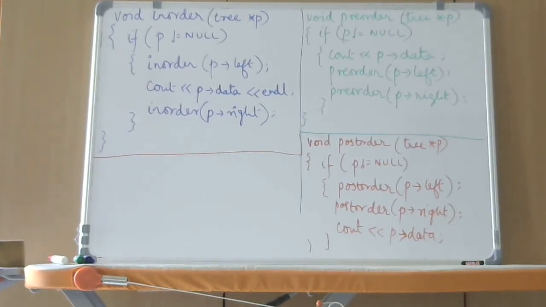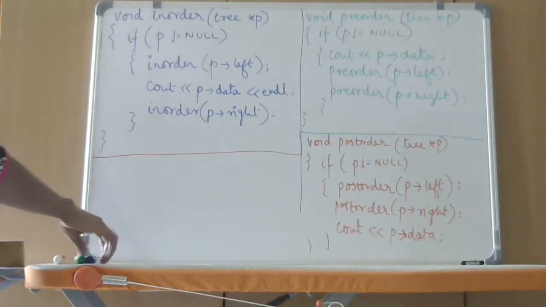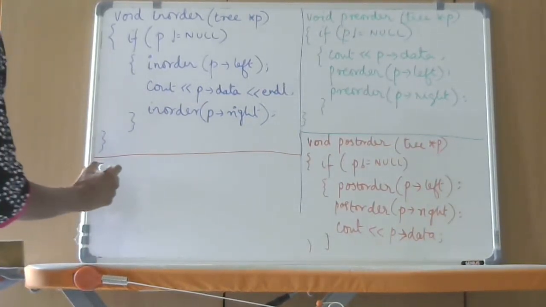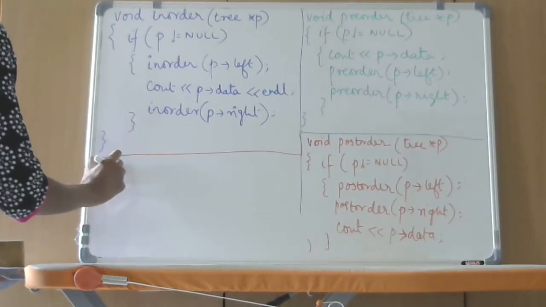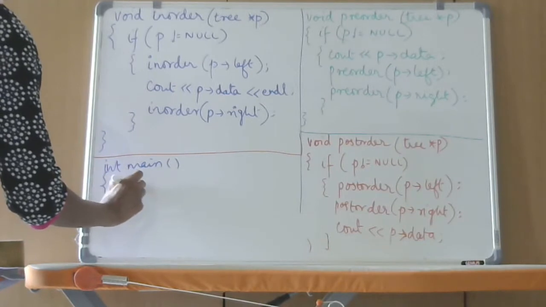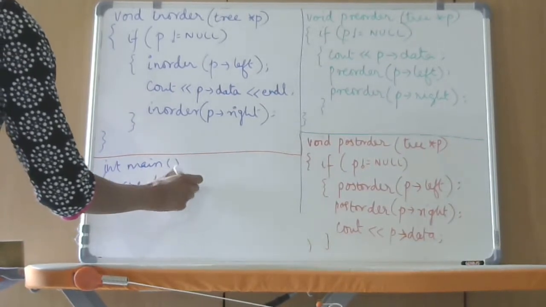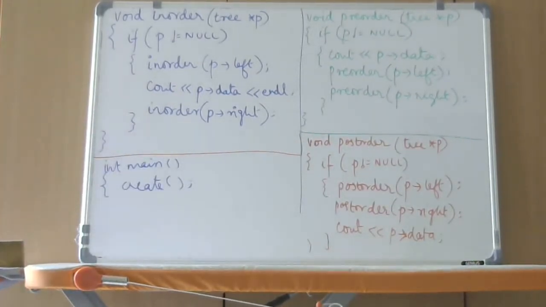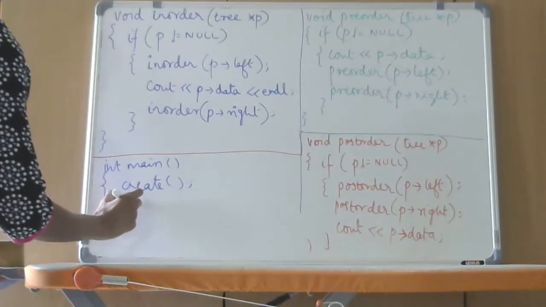Alright. Now for all these three functions, we can write a main function. In the main function, first I will call create, because you have to first create, only then you can traverse, right? And then I will call in-order of root.